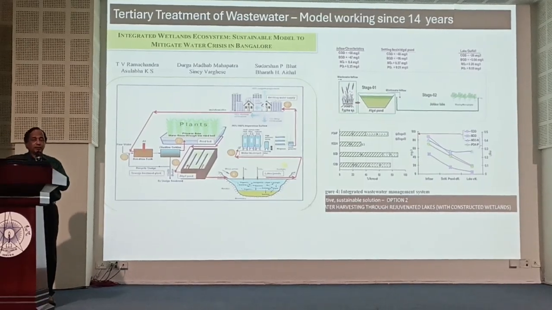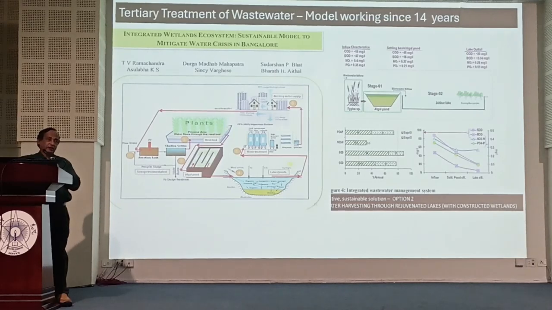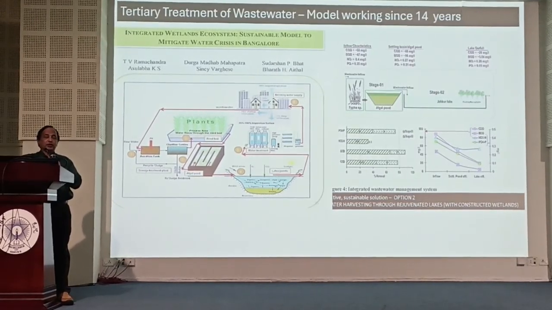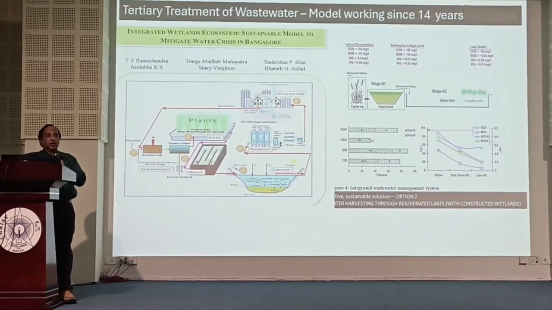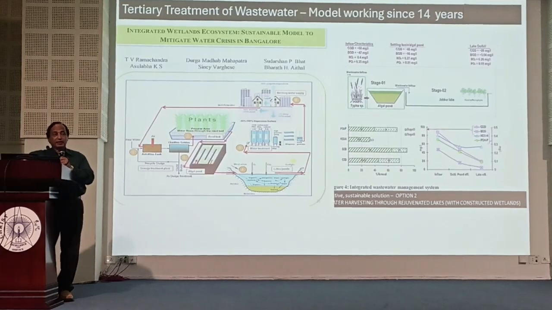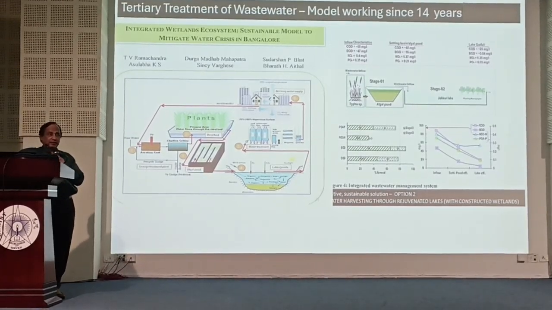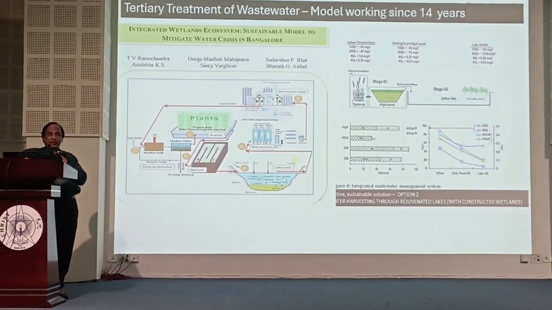Now the nitrate problem in the Jakkur Lake and surrounding wells is a nutrient problem. When the government took up the rejuvenation, they constituted a committee, and I was a member of the committee, and they allocated the money. The money they gave was sufficient for the secondary treatment plant, but for tertiary treatment, the money was not enough.